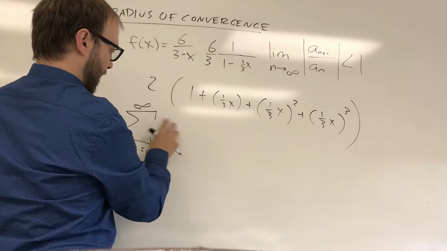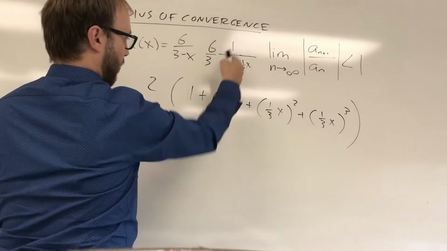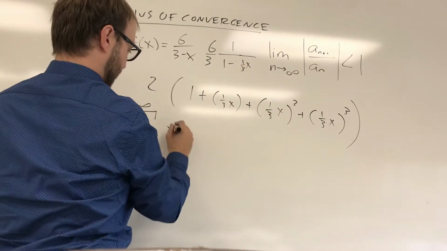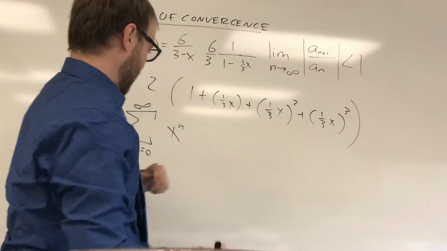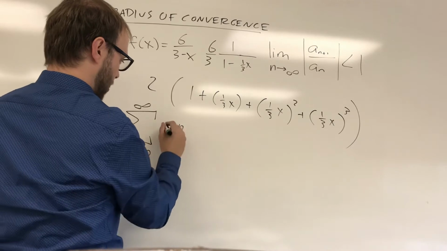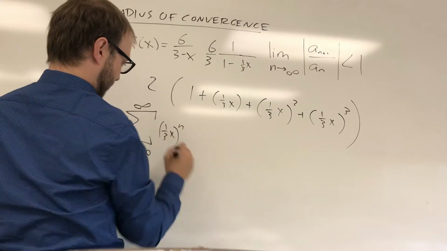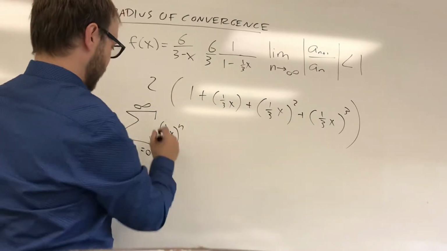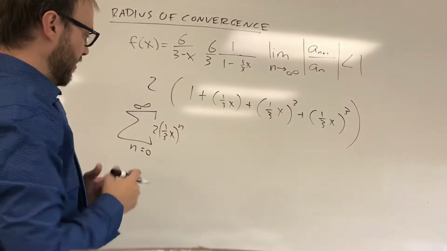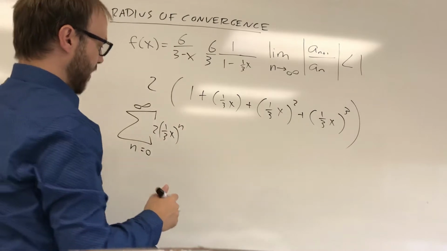Remember, the normal setup for your standard 1 over 1 minus x is x to the n, okay? My input, instead of being x, is 1/3 x. So I have 1/3 x to the n, okay? And then each term is getting multiplied by 2. So you could say I have 2 times 1/3 x to the n. I would probably rewrite this.